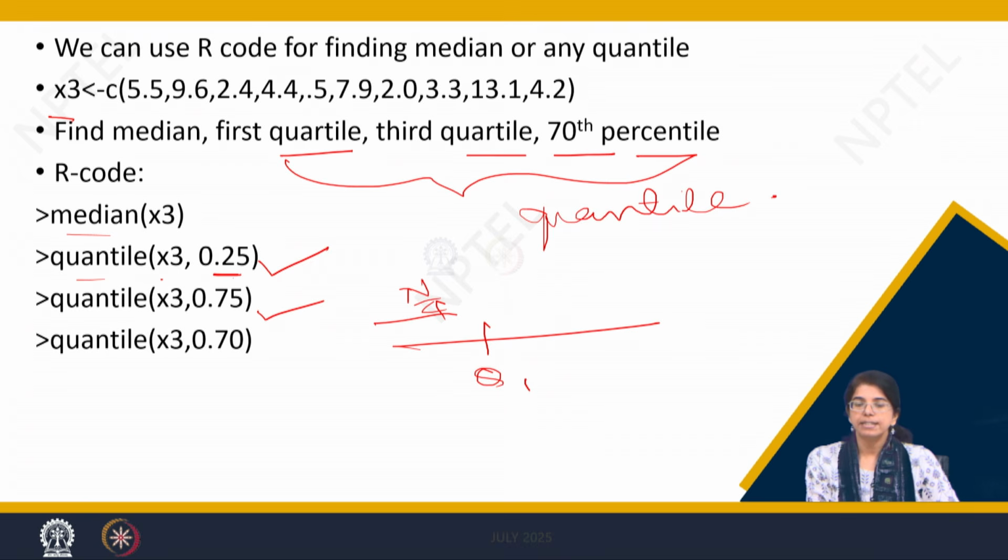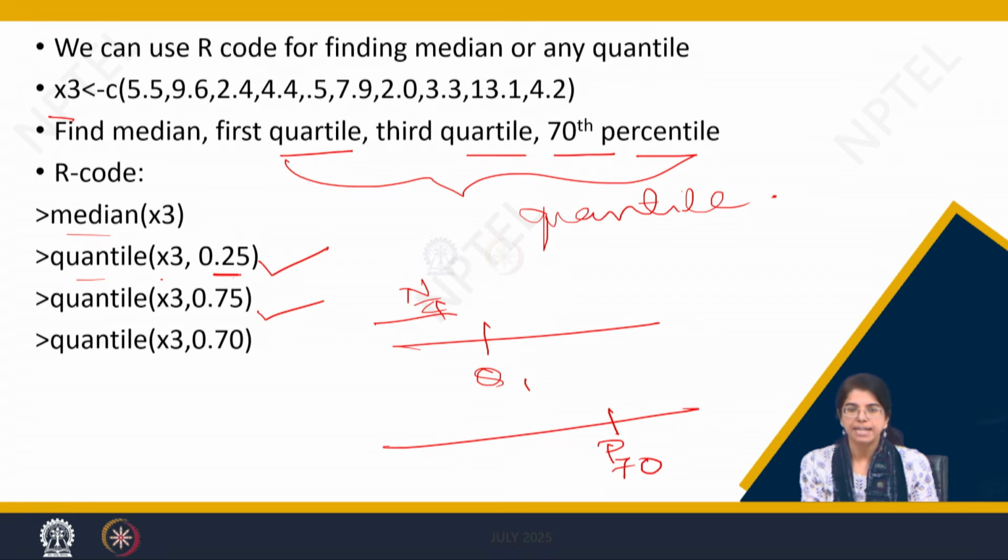For the 70th percentile, what is the meaning of percentile? Percentile means you are splitting the entire data into 100 equal parts, okay, 100 equal parts. So, if I write the 70th percentile as P70, that means the probability below P70 is 0.70 and above P70 is 0.30, so that the total probability is 1.